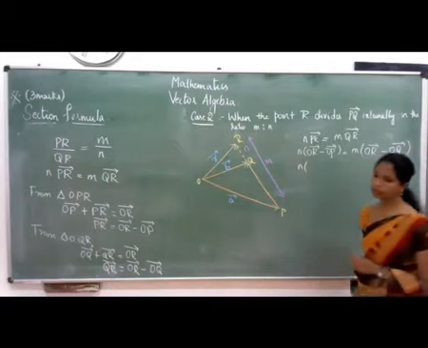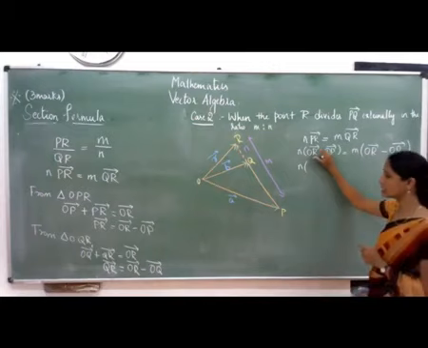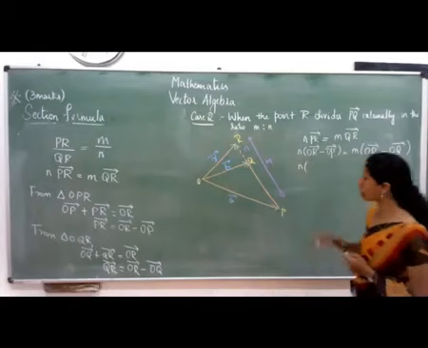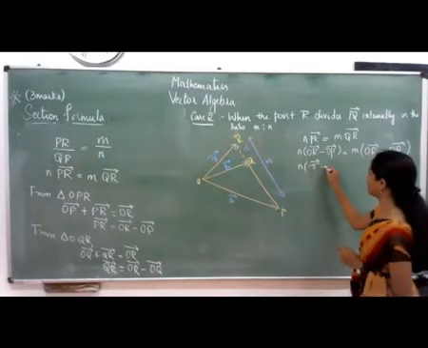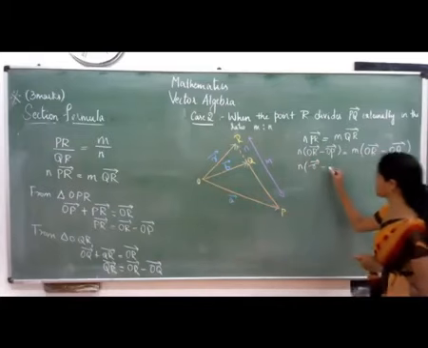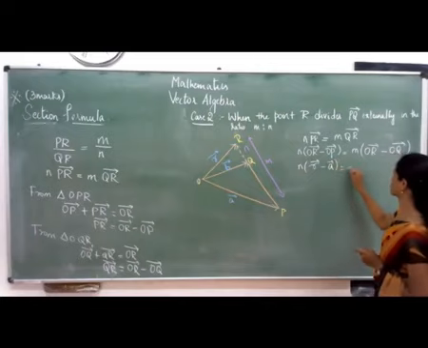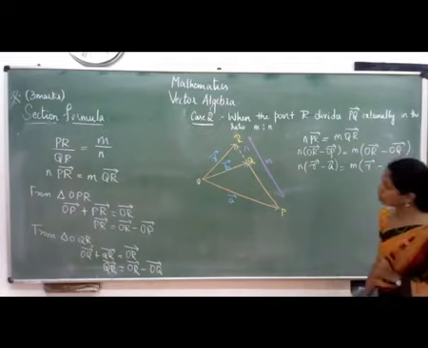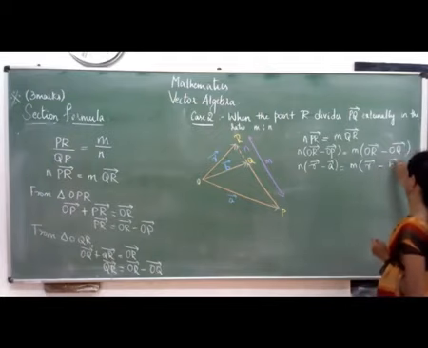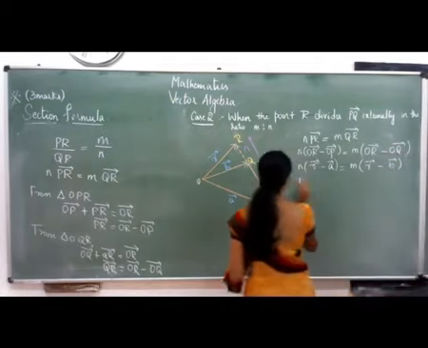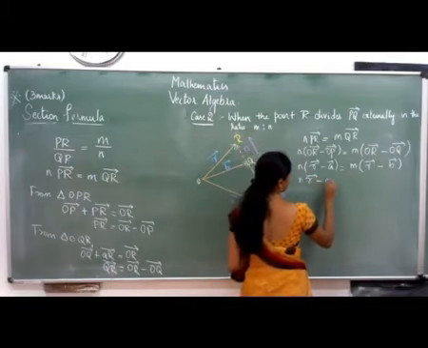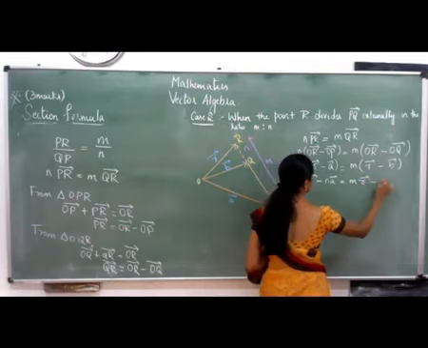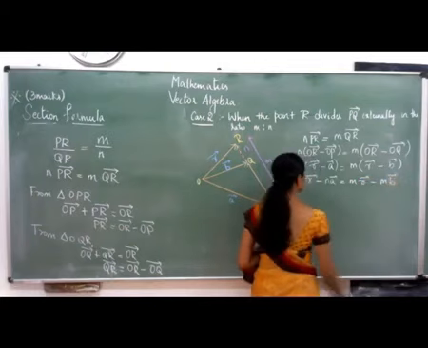Now, we are representing these vectors in another form. Vector OR is represented as vector r, vector OP as vector a, and vector OQ as vector b. So simplifying further, n into vector r minus n into vector a is equal to m into vector r minus m into vector b.